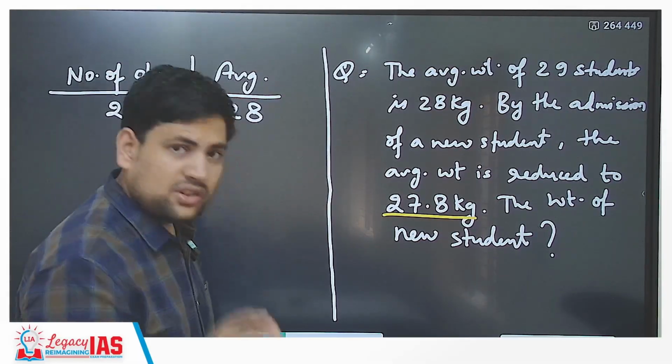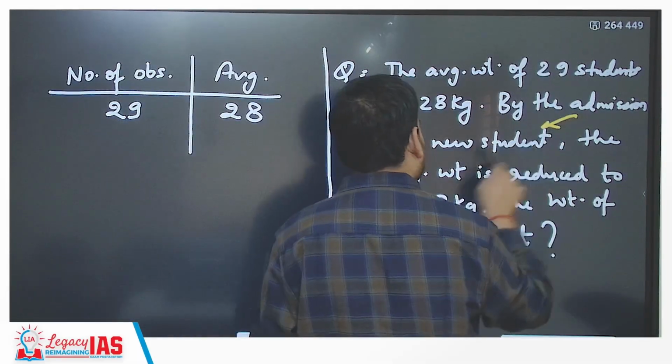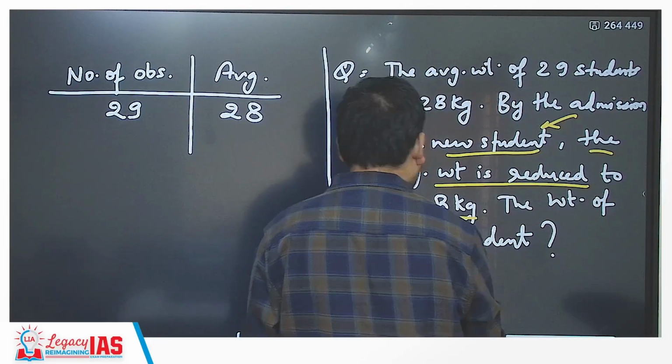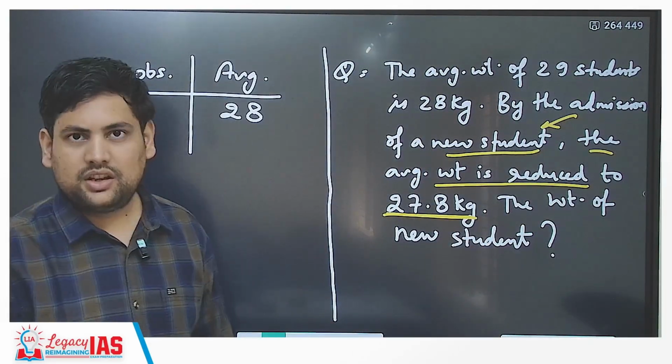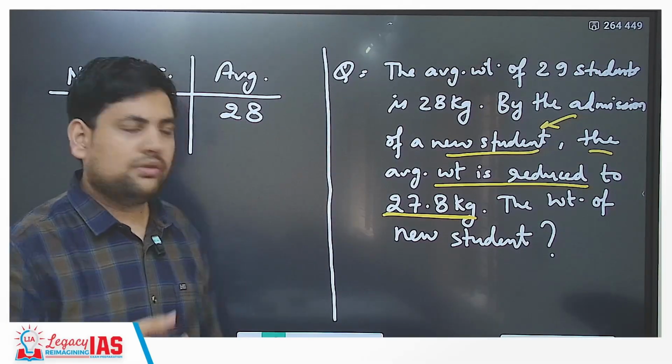By the admission of a new student, the average weight is reduced to 27.8 kg. Same process will follow. Number of observations, and on that side we'll write the average. The average weight of 29 students is 28 kg. By the admission of a new student, the average weight is reduced to 27.8 kg.